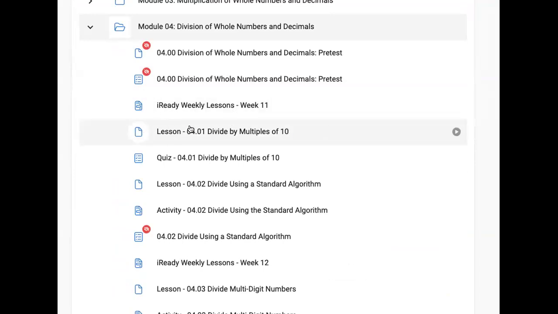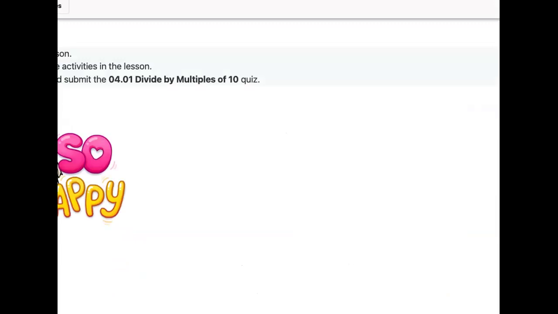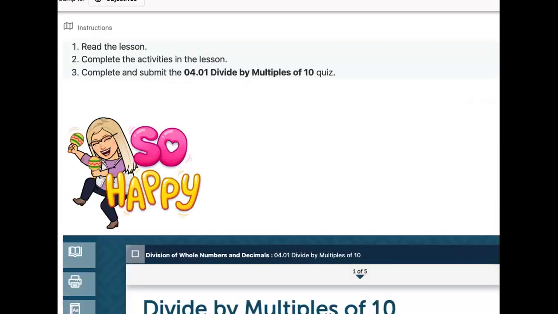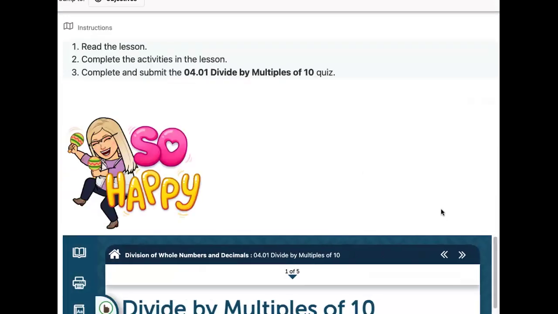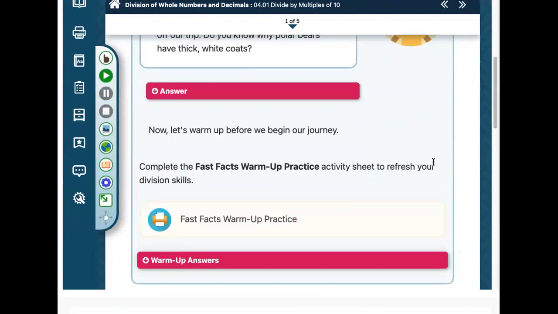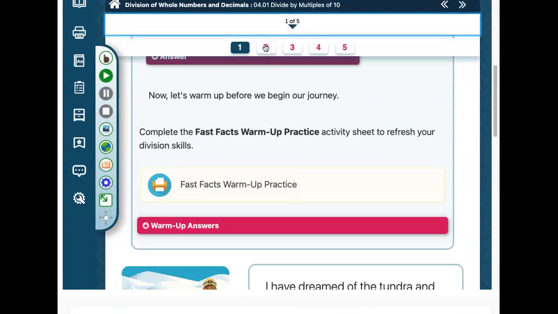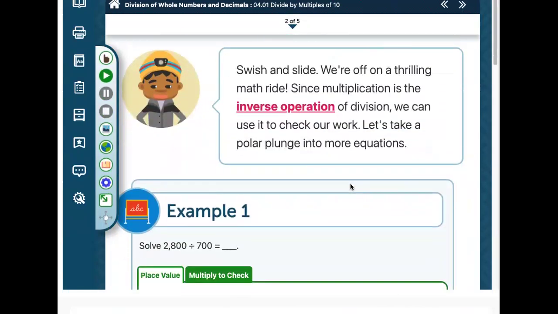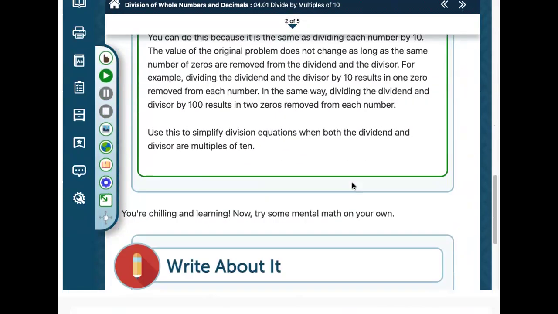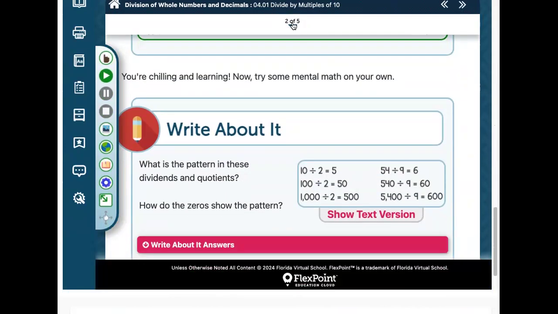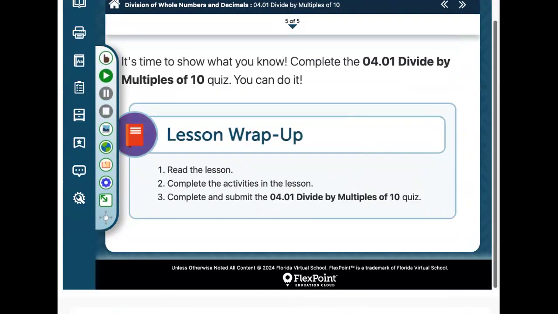You're going to see that the recording for today is right here and you have a quiz. So we should hopefully all rock this. You're going to have some additional practice on dividing by multiples of 10. When you get to the end, after you've practiced some of those problems, it's going to say, hey, you have a quiz. So good luck, 5th grade. You've got this.